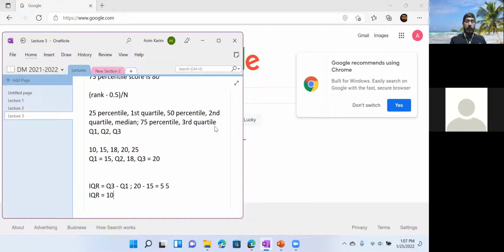So what do these two numbers show? The spread of the second data, in which IQR is 10, is much higher as compared to the first data, in which IQR is 5. So IQR is a measure of the spread or the dispersion tendency of a data set.